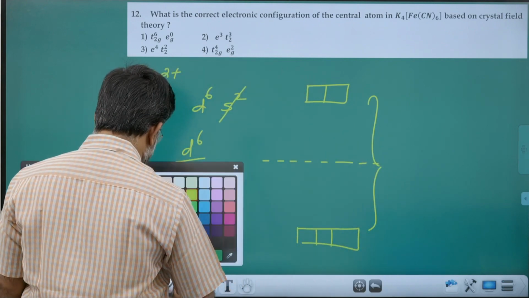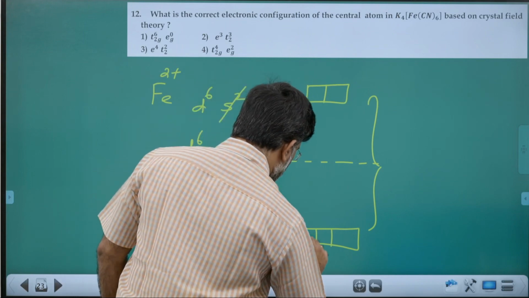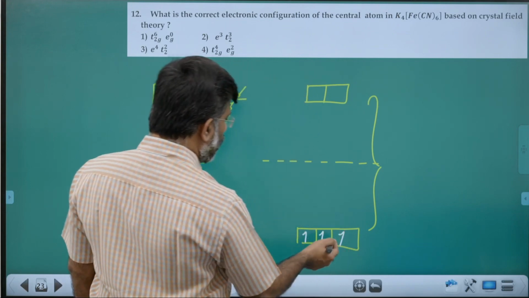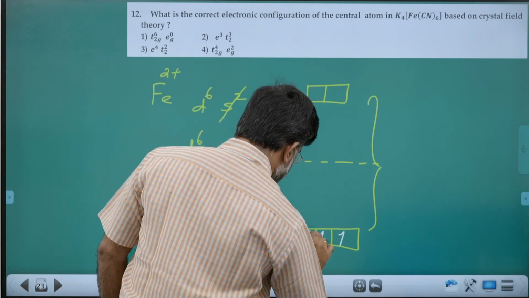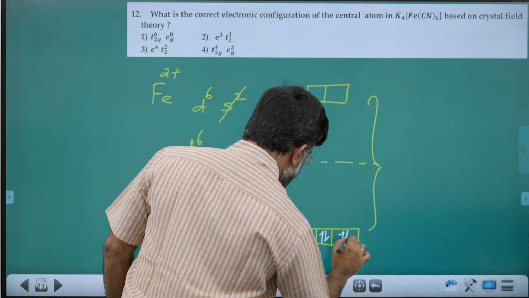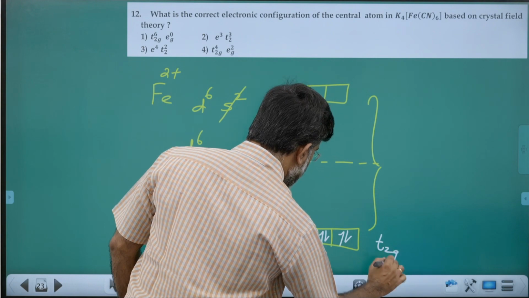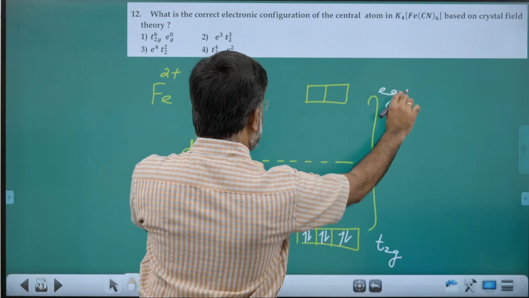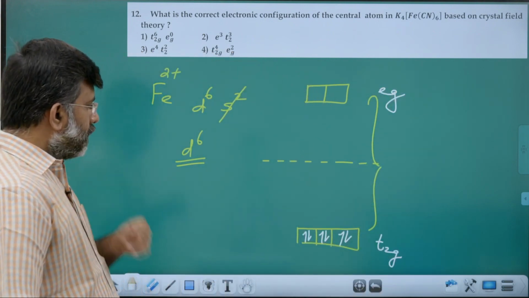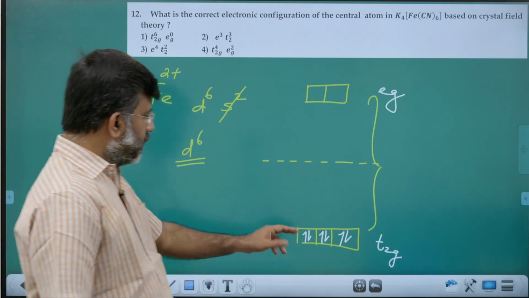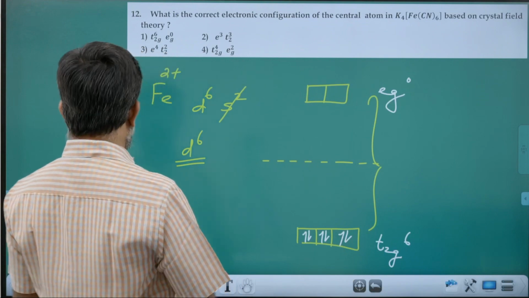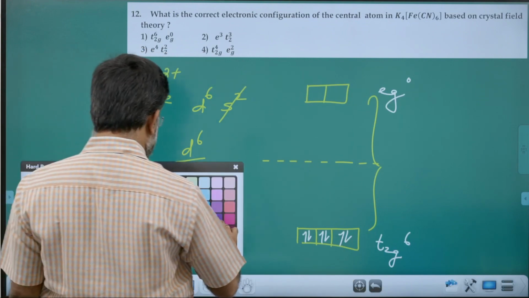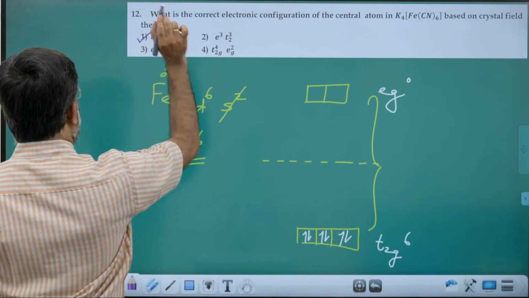How are the 6 electrons placed? 1, 2, 3. The fourth electron wants to go there but is unable to, so it will be paired here. 4, 5, 6. This is T2G orbital and this is EG orbital. So the configuration is T2G6 and EG0. Answer is first choice.